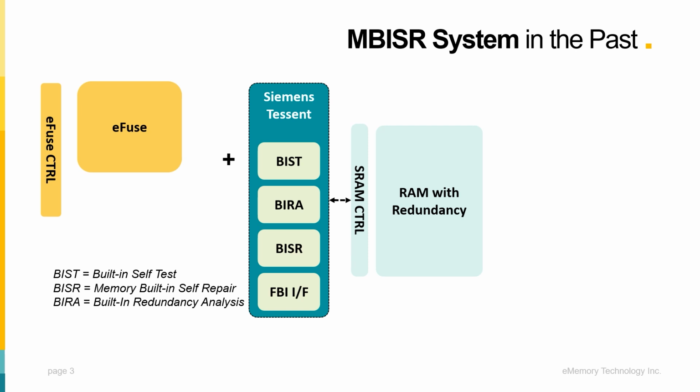This slide illustrates the conventional approach to memory repair. Typically, the Tessent tool is used in conjunction with eFuse. Due to process variations or environmental conditions, SRAM bit cells may have defective bits that need to be repaired with eFuse.